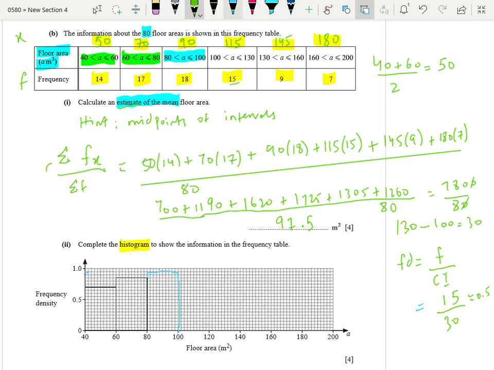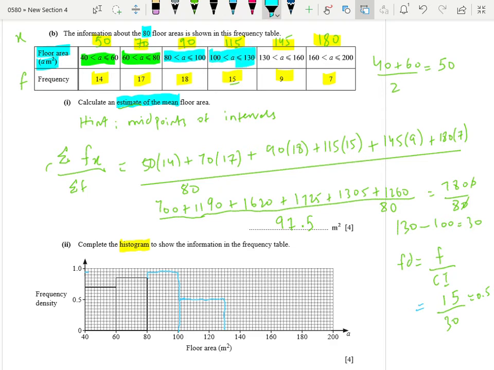So 0.5 is right here, and you can start from 100 and go on till 130. That would be after 5 small boxes, after 120, 1 2 3 4 5. So I would have to end here. Let's start from here and connect here. Right, so I'm done with this one as well.